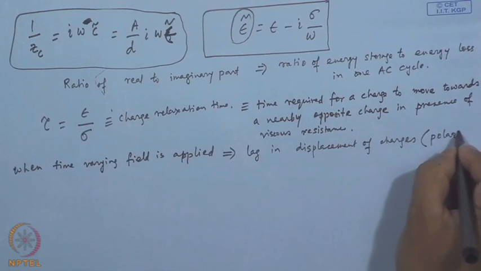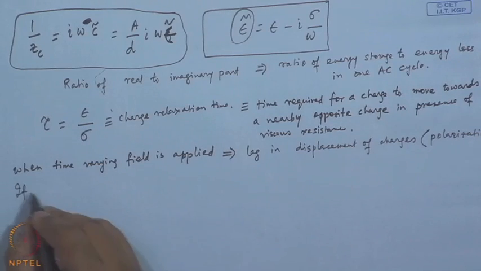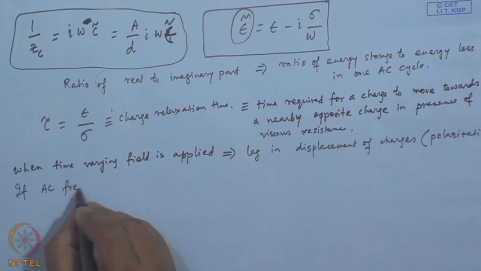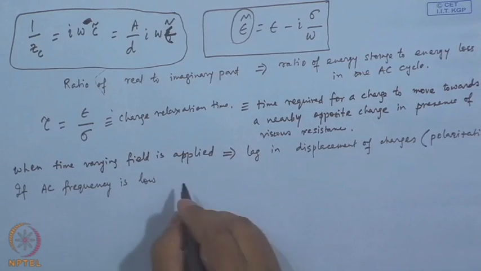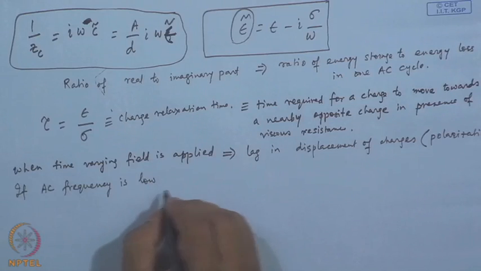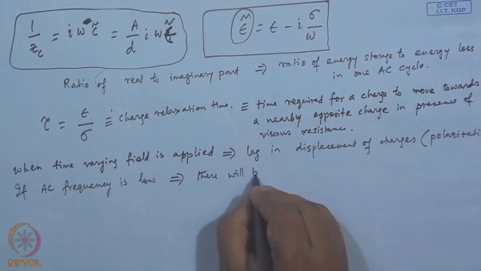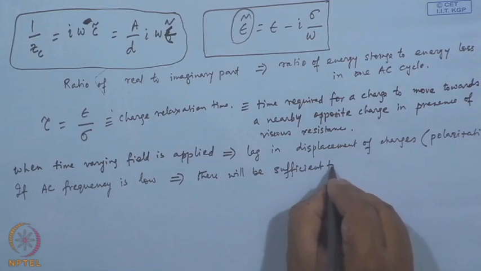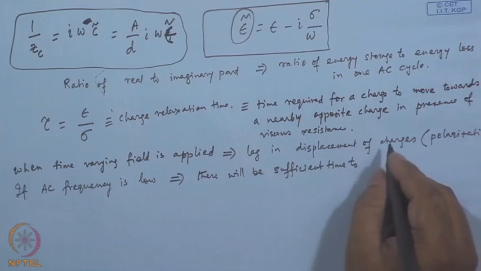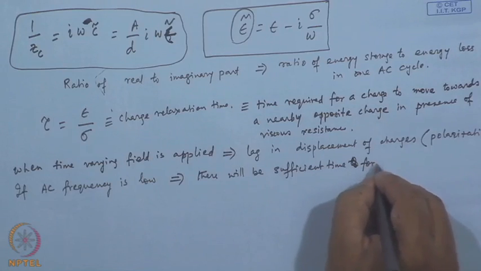Now, if the AC frequency is low, in that case there will be sufficient time for dipoles to align.